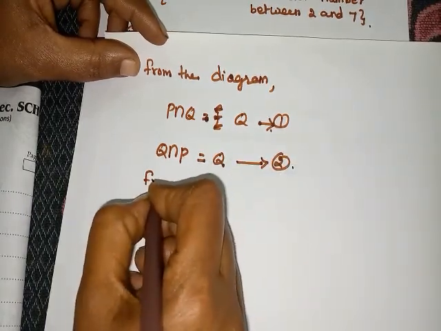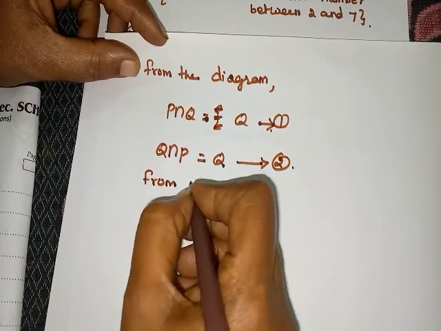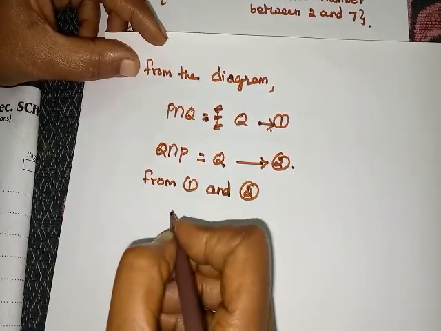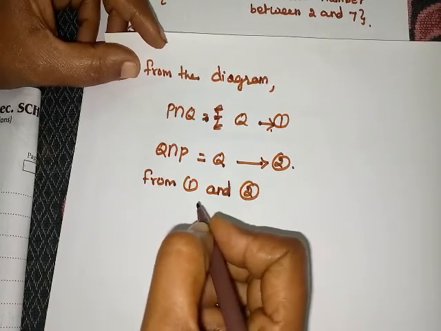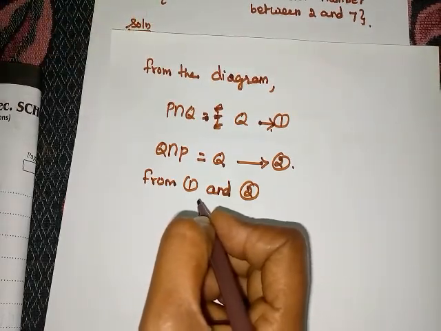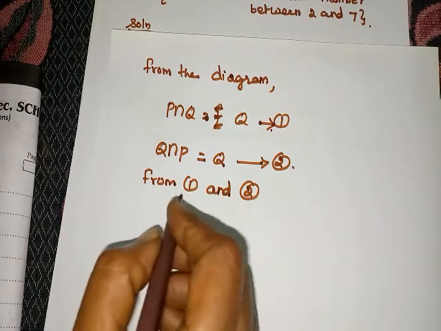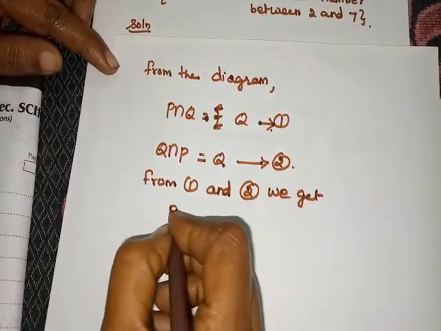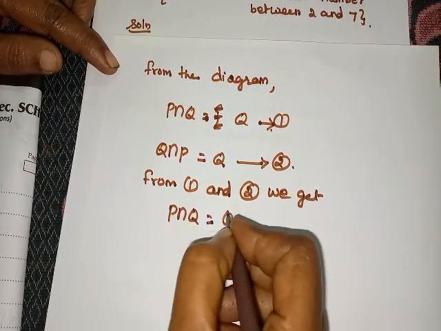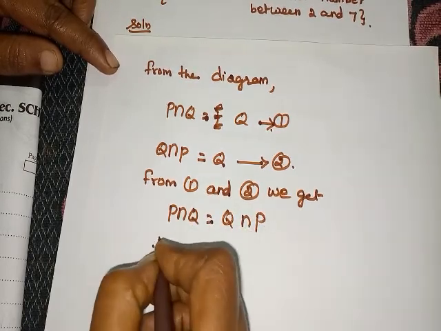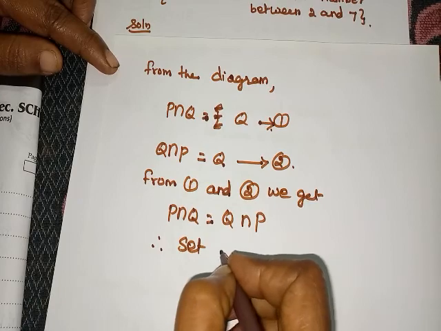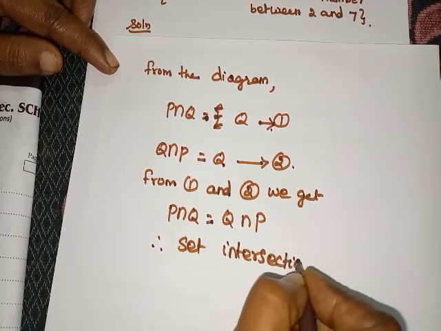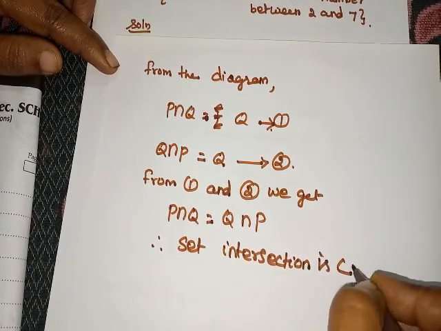From equations 1 and 2, we get P intersection Q is equal to Q intersection P. Therefore, set intersection is commutative.